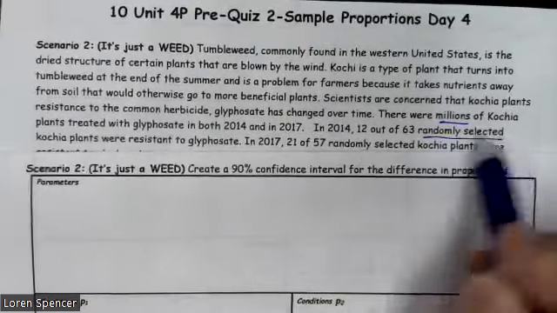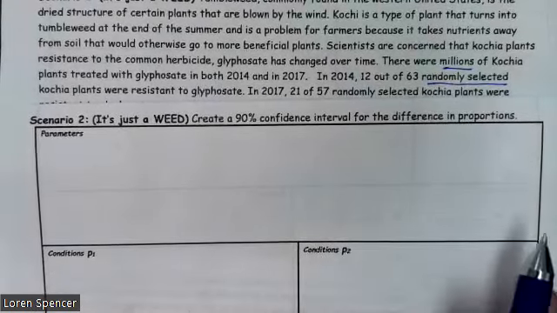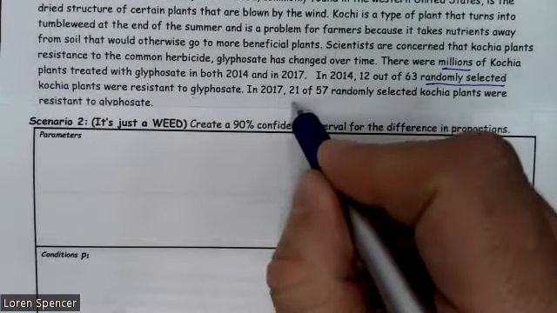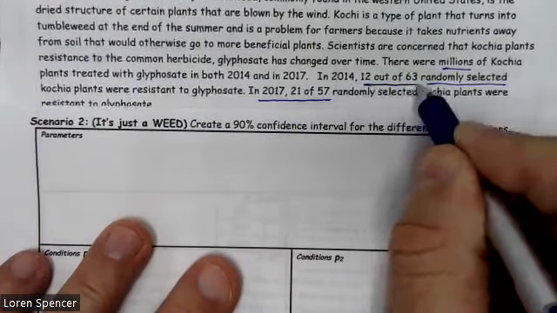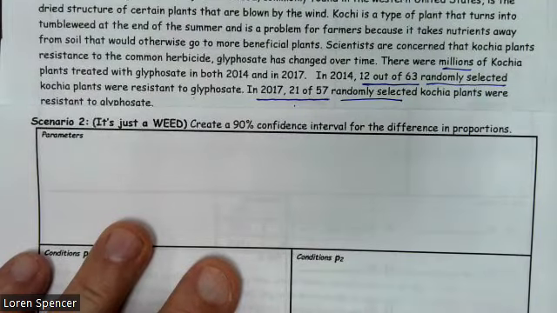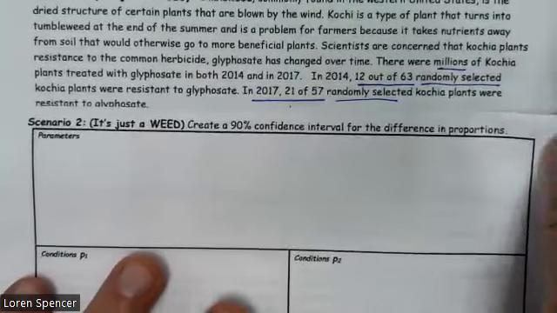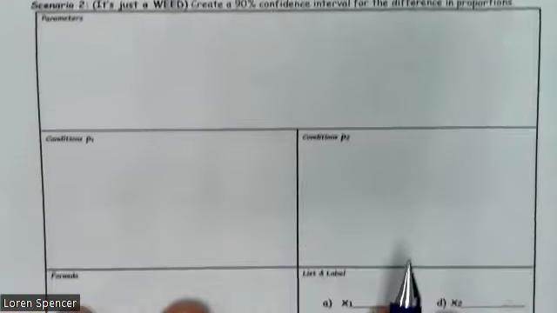In 2017, 21 of 57. So we have two independent random samples, and they ask us to create a 90% confidence interval for the difference in proportions.